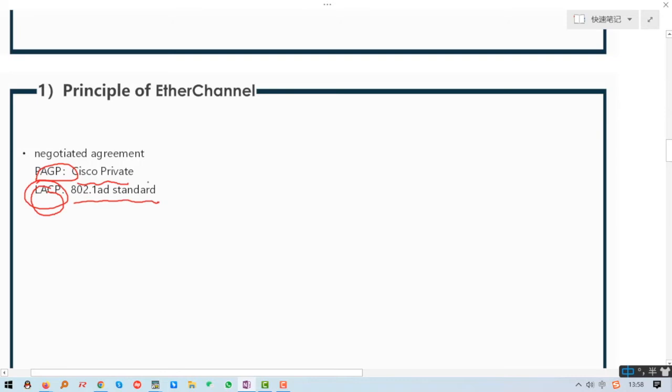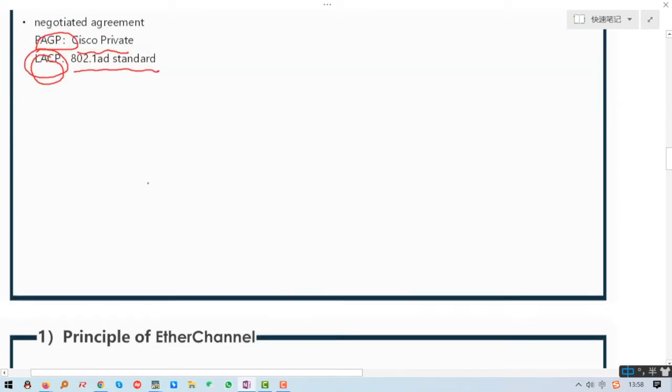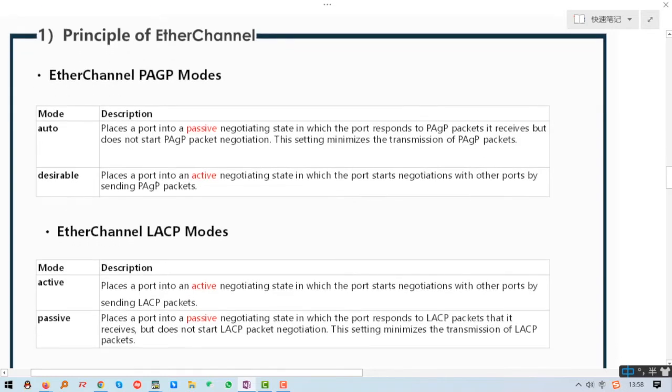So, we must know the principle of EtherChannel. PAGP has two negotiation modes, auto and desirable. Auto mode means placing a port into a passive negotiating state, in which the port responds to PAGP packets it receives but doesn't start PAGP packet negotiation.